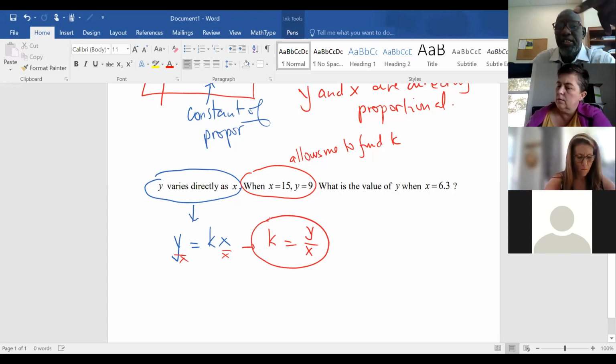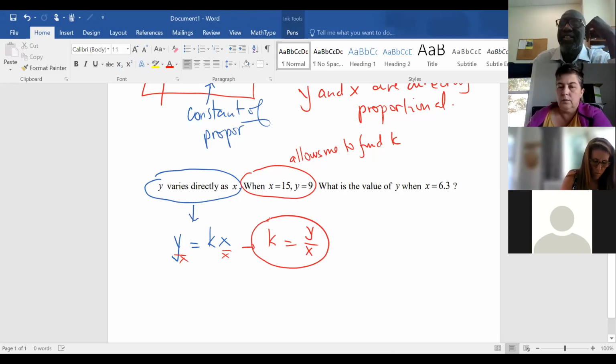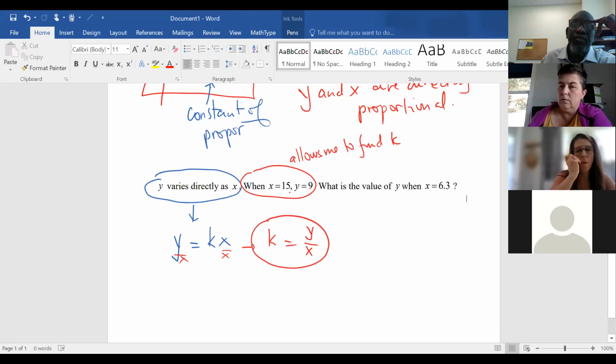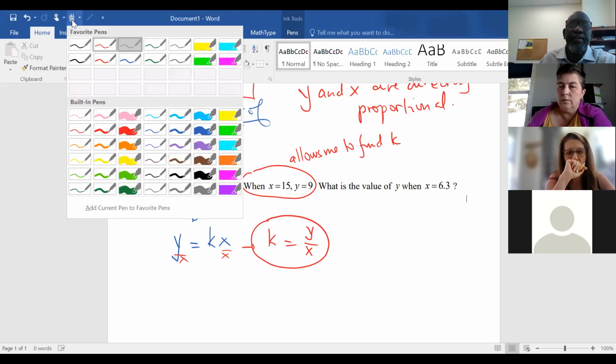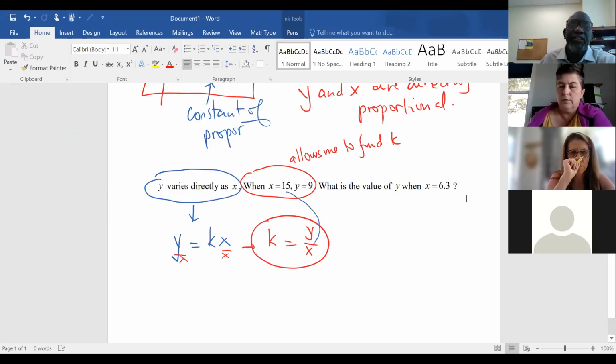So I need one x and one y to find the k, okay? And this allows me to find k. Here, x equal 15, y equal 9, what do I do? I plug in 15 for x, I plug in 9 for y, so I get k equal to 9 over 15, which is 3 over 5, which is 0.6.